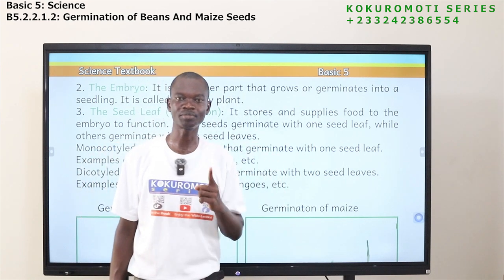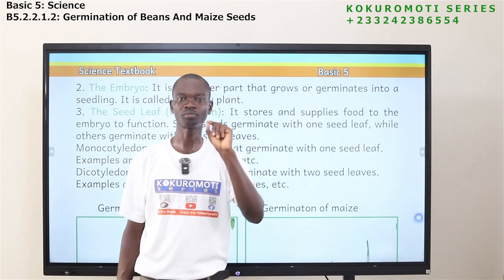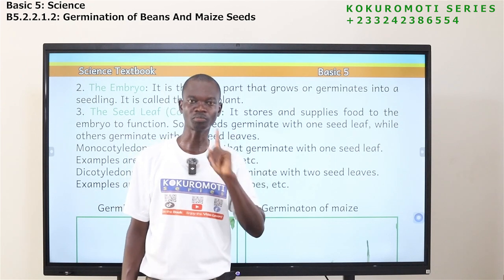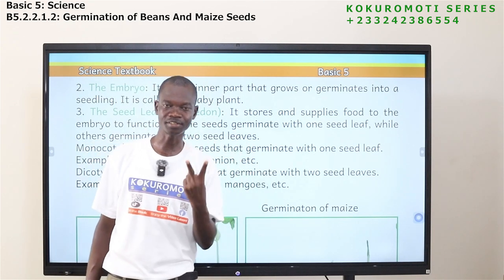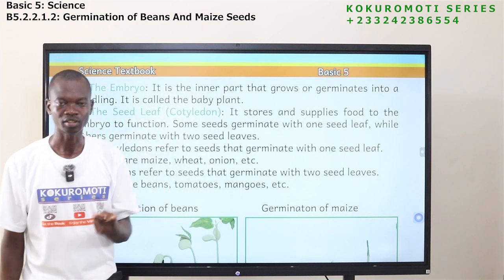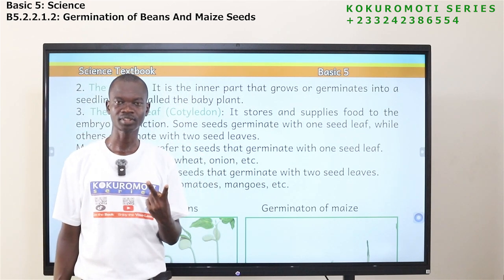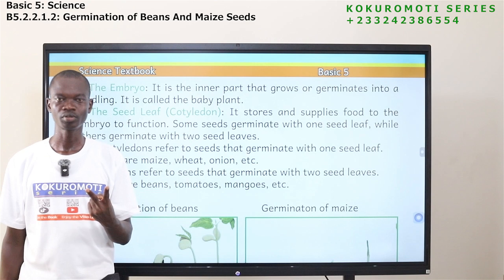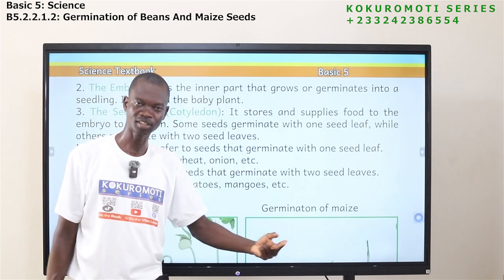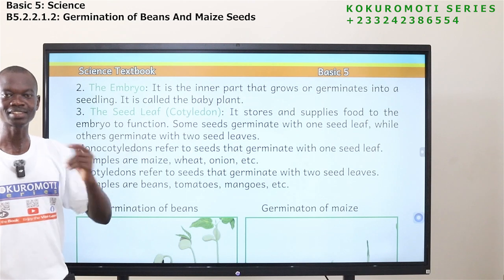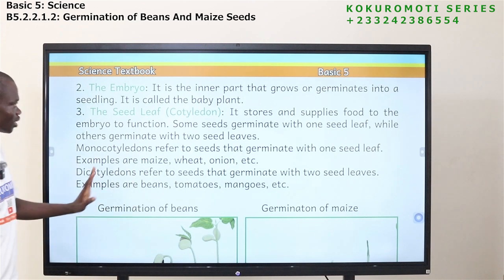A seed that germinates with only one seed leaf is called monocotyledon. Mono means one. If the seed germinates with two seed leaves, that seed is called dicotyledon. Di means two. Two seed leaves, dicotyledon. Monocotyledon, one seed leaf. So that is what you should understand.